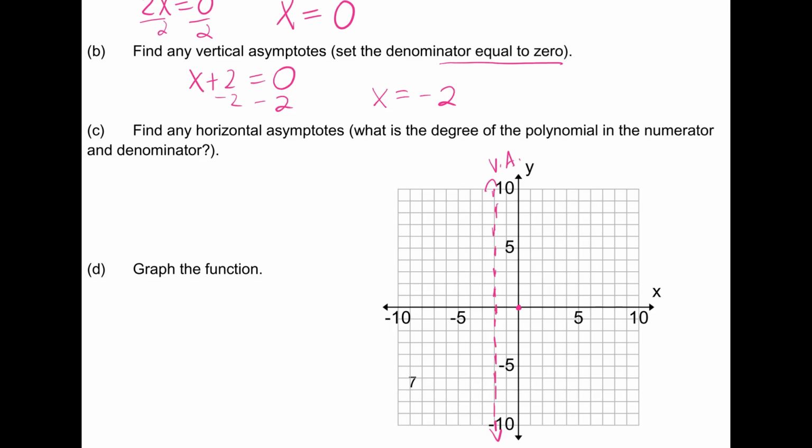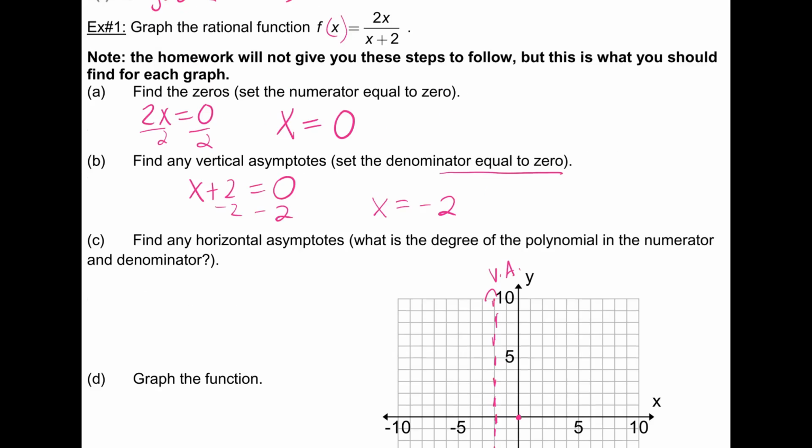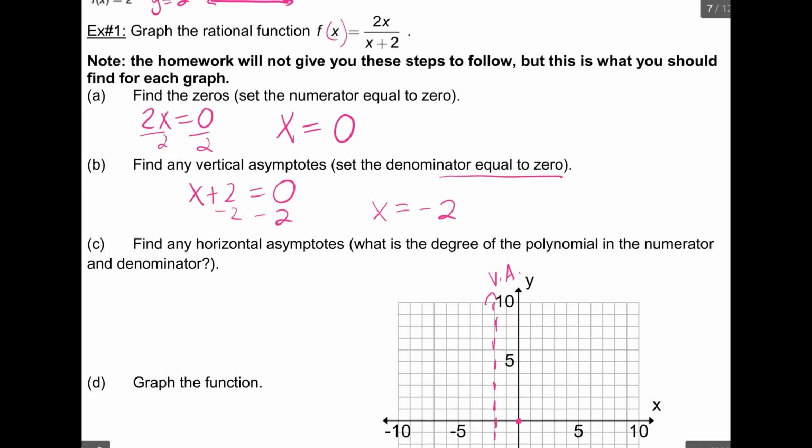Part C. Find any horizontal asymptotes. Okay, so hold the phone. We haven't really done that before. But what we have done is we've talked about leading terms. What is a leading term? We're looking at the highest degree. So I'm looking at the leading terms.